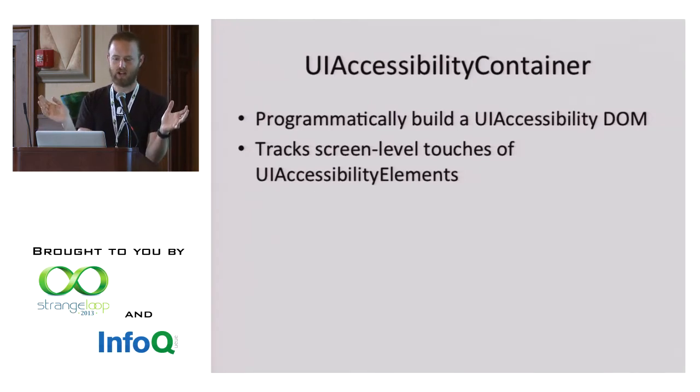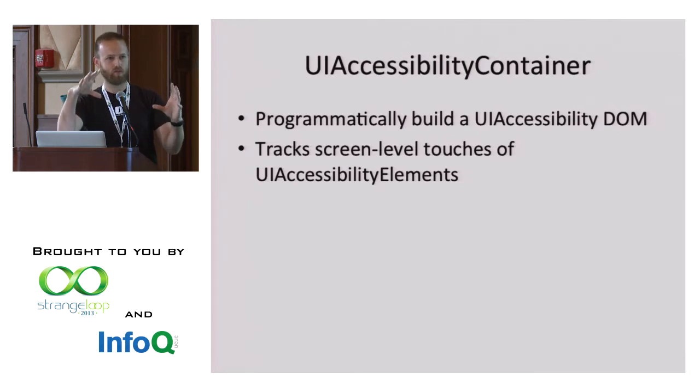You wouldn't want it to just be an image, but you'd want individual rectangles of the map to reflect certain named areas. That's what UIAccessibilityContainer is going to allow us to do. It's going to allow us to mark off certain regions of a view as having important accessibility elements.